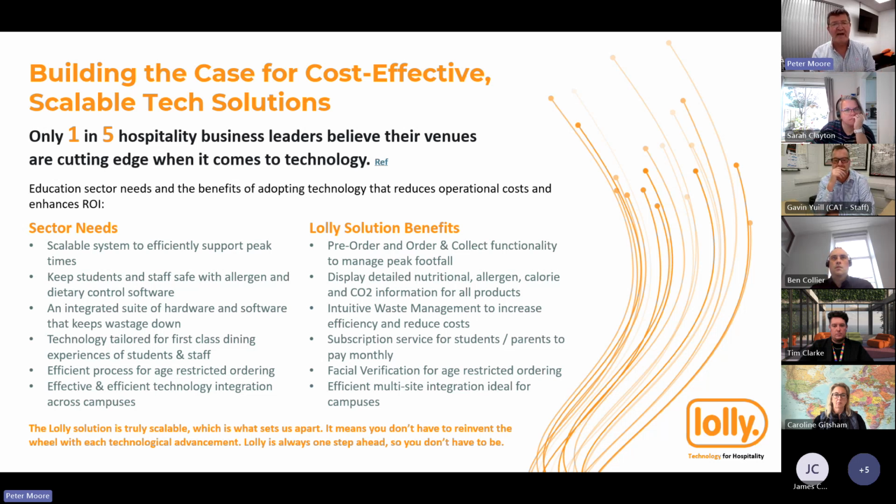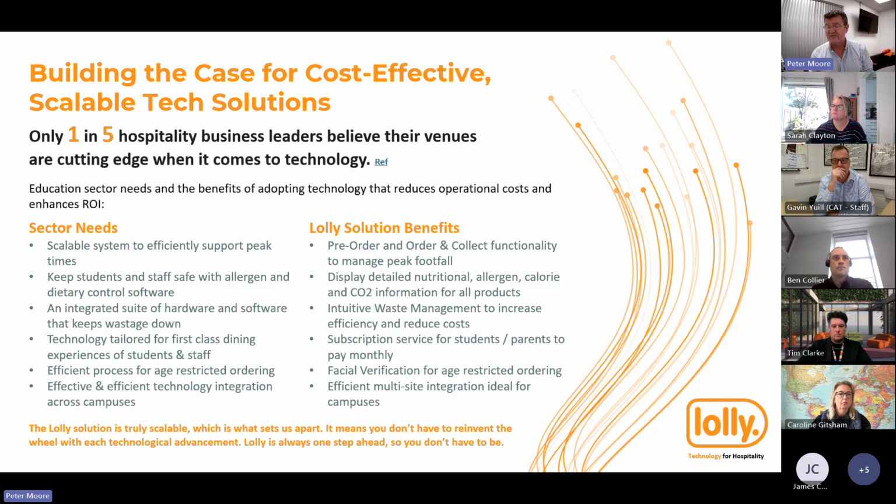We look at order and collect functionality, app-based products, nutrition, allergens, calorific information, and we even deliver the amount of CO2 impact of a burger eaten at a certain location, and how we can build that up daily, weekly, monthly.